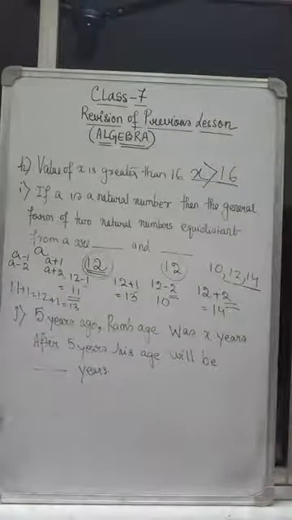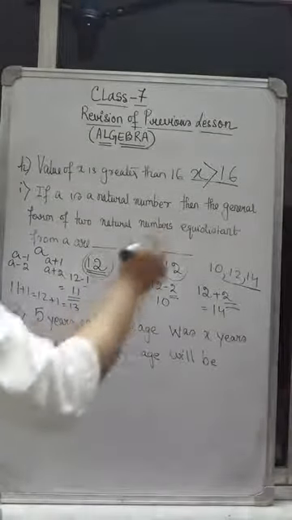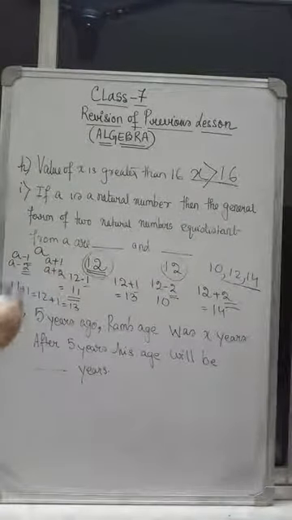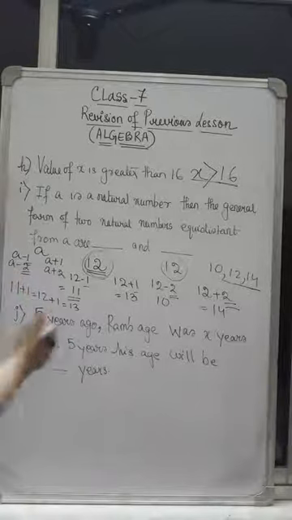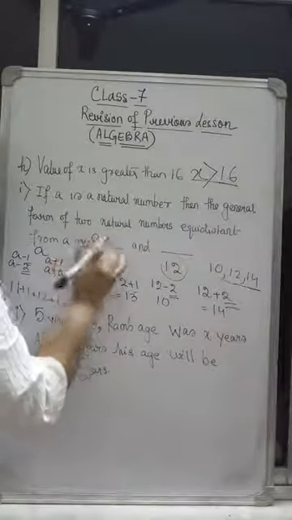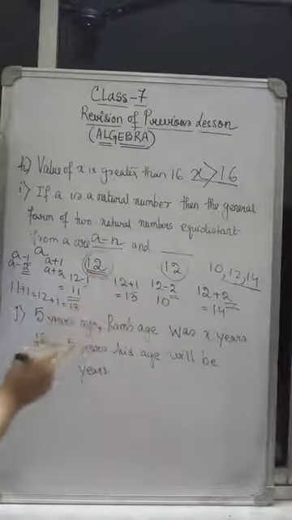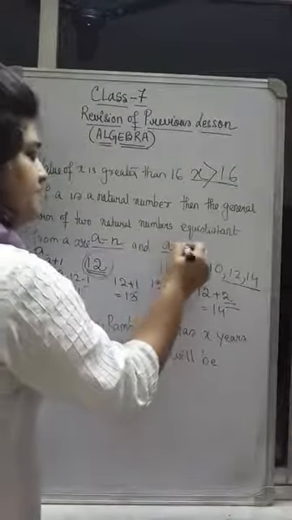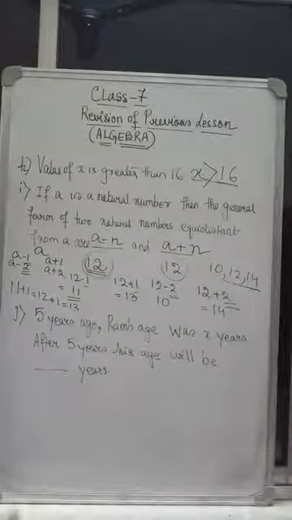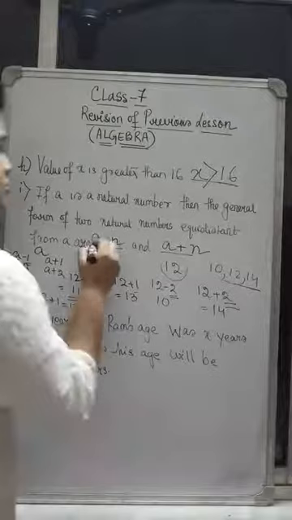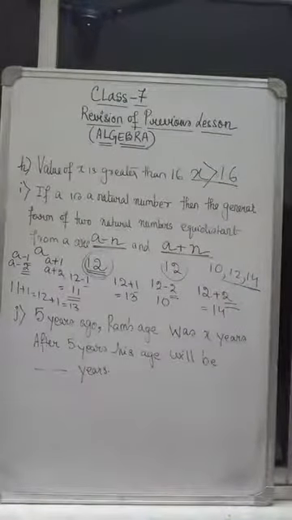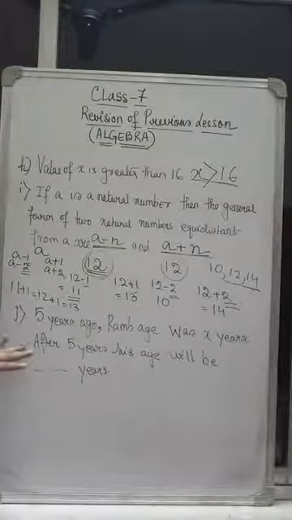So in general form, I am symbolizing the number as n. If I subtract any number from a, I have to add the same number to a in order to get the two equidistant values. So a minus n and a plus n. This is the answer. Then moving to the next part.